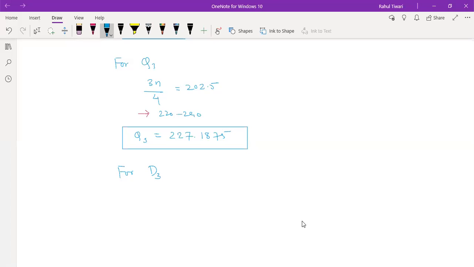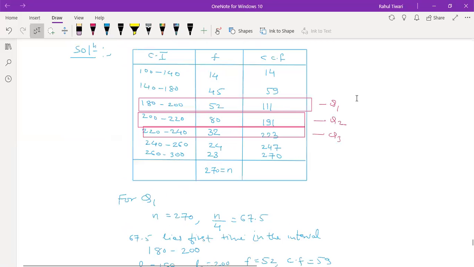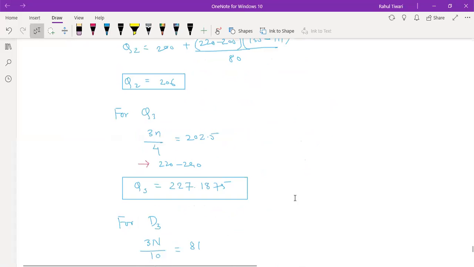For D3 you need to calculate 3n by 10, which is I think 81. So you can search for which interval 81 is occurring in. So again 81 is occurring in Q1. So this is again for D3, right? And based on that your interval is 180 to 200.